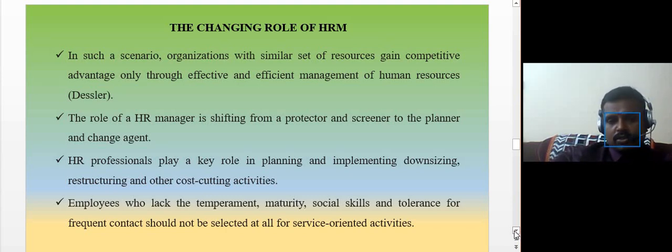Human resource professionals play a key role in planning, implementing, downsizing or restructuring, and other cost-cutting activities of their business. And employees who lack the temperament, maturity, social skills, and tolerance for frequent contact should not be selected at all for service-oriented activities.